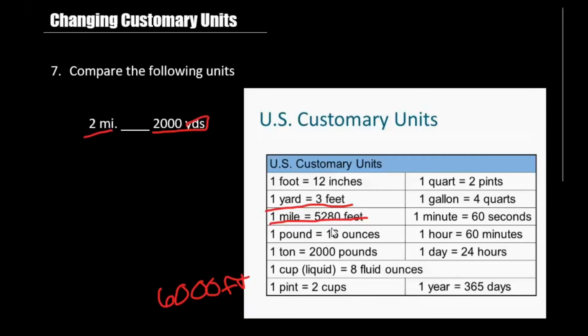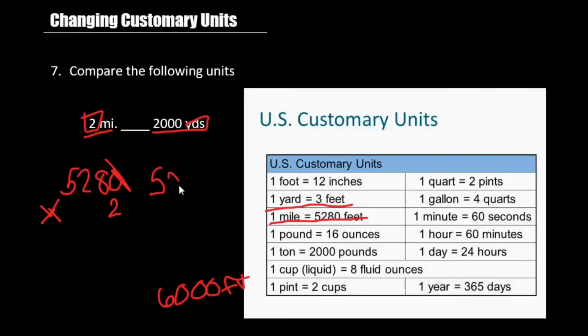Now we know that 1 mile is equal to 5,280 feet. But now we need to know how many feet 2 miles are. So all we're going to do is multiply 5,280 feet times 2. There's an easier way of doing that. As we did for the 2,000 yards, you just cross off the 0. Now we have 528 times 2.